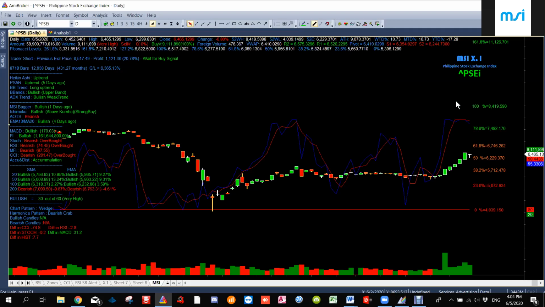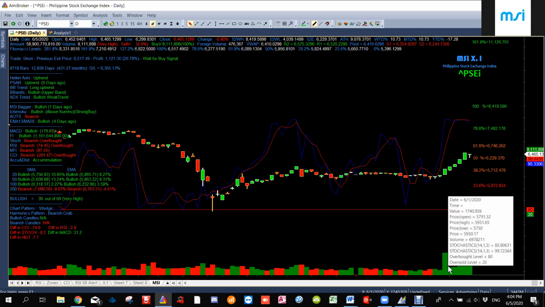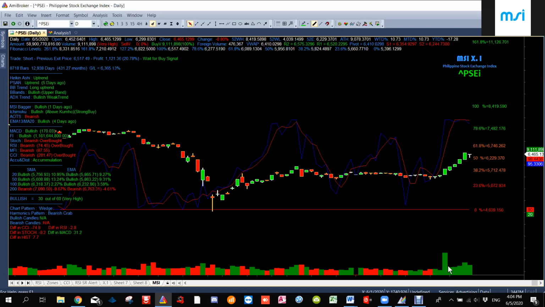Okay? It doesn't mean na wala nang bibili, pero what it means pag nasa overbought levels is mabigat na yung stock. Ibig sabihin marami nang nakasakay, mabigat na yung stock at kailangan na mag-unload. So tendency is magkakaroon ng sell down or magkakaroon ng retracement or babalik siya doon sa kanyang support level. Okay.